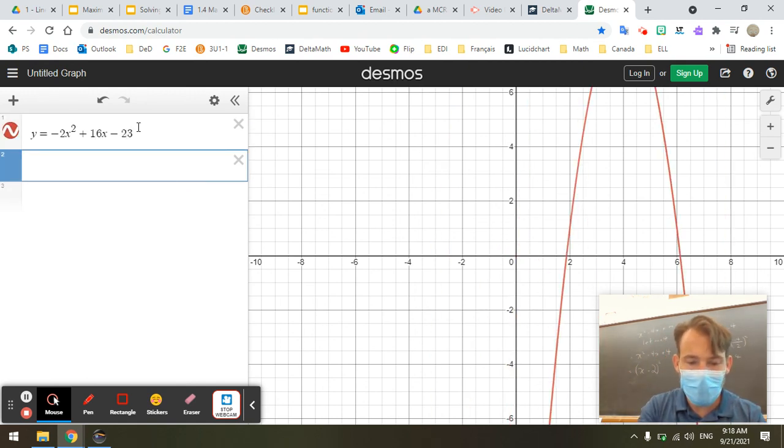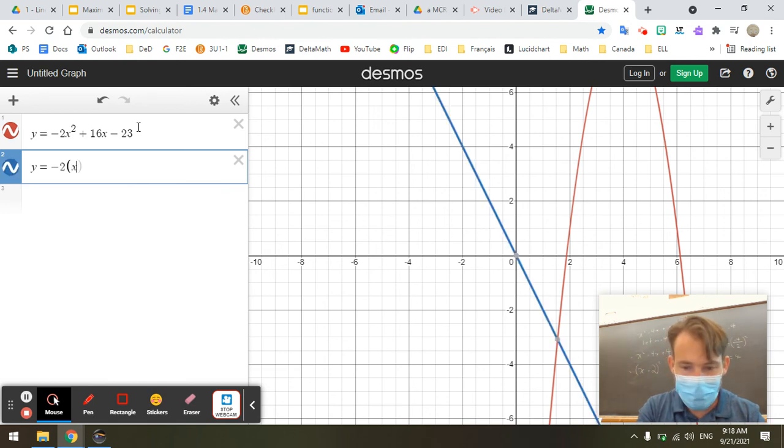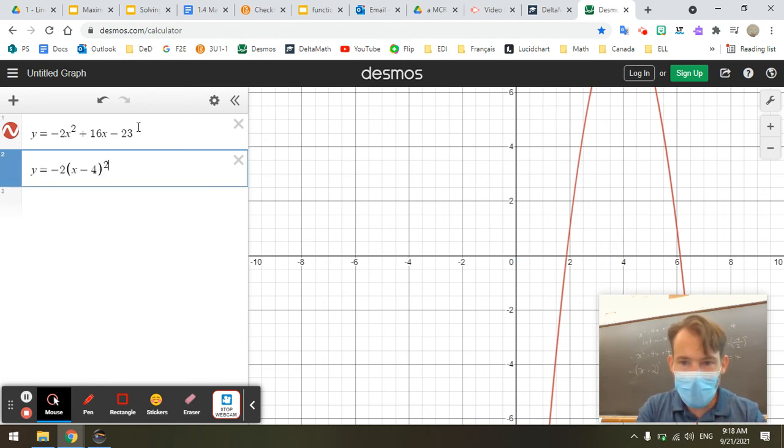And then I turned that into vertex form, and it became y equals negative 2 times (x minus 4) squared plus 9. Boom. They're congruent. They're the same. So there you go, completing the square.